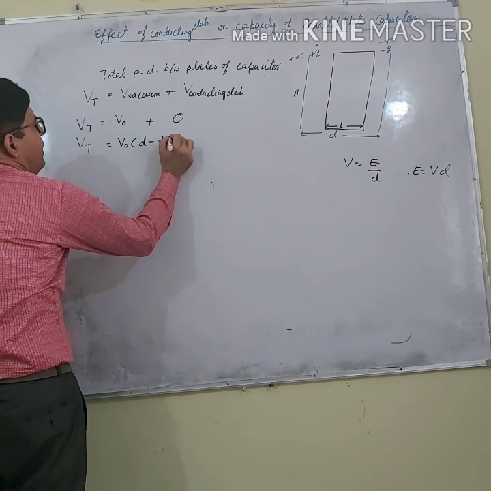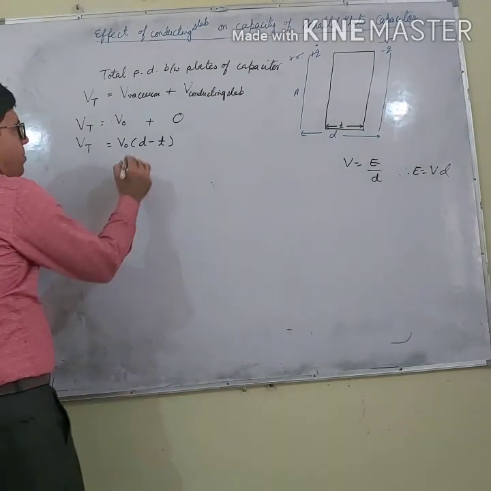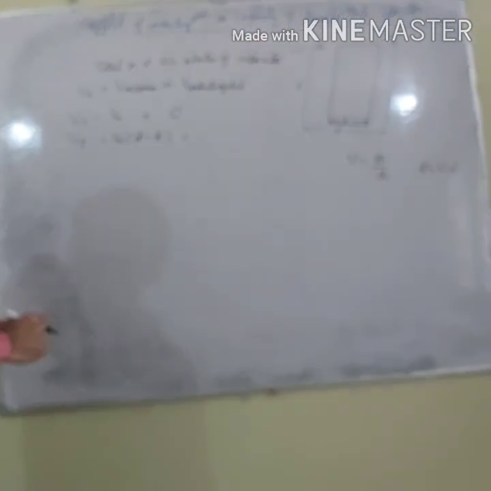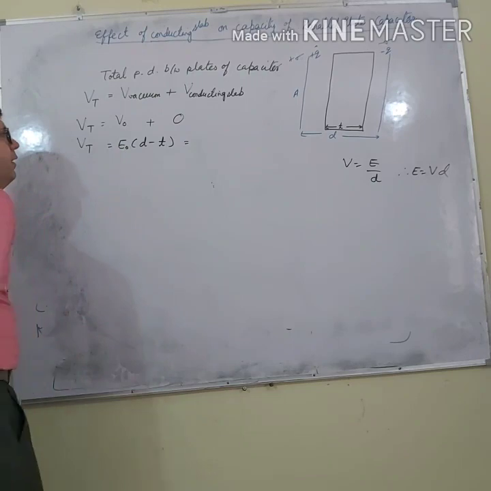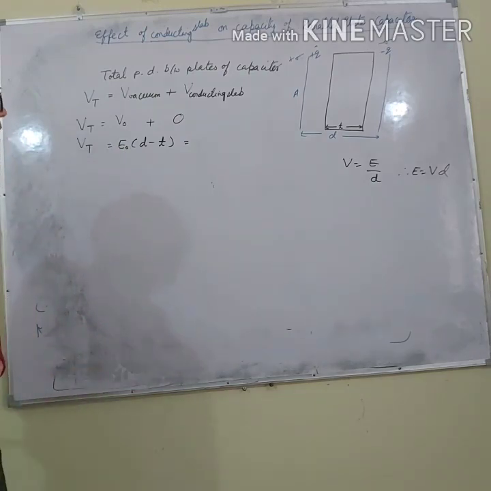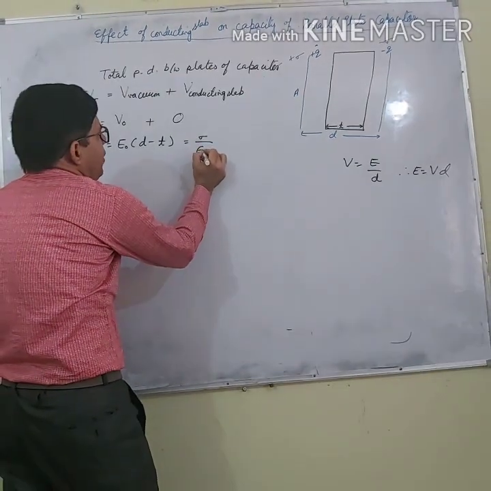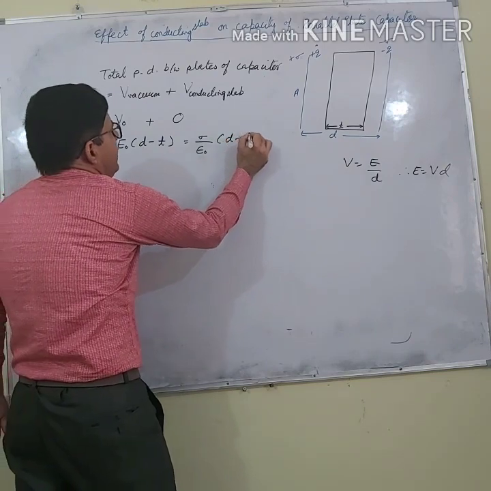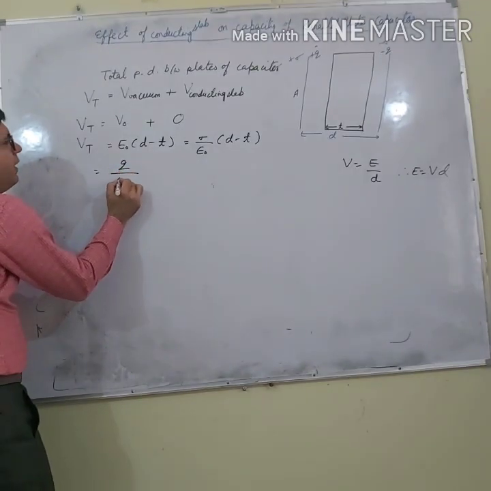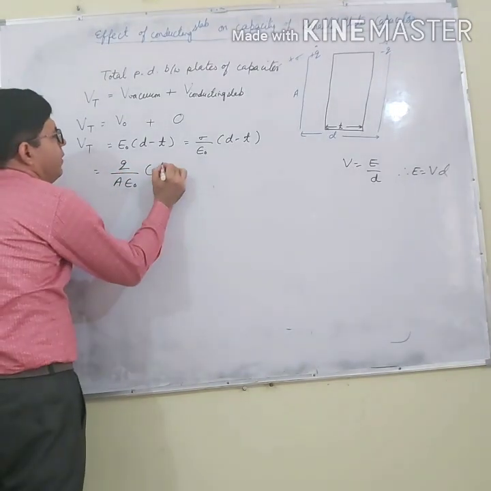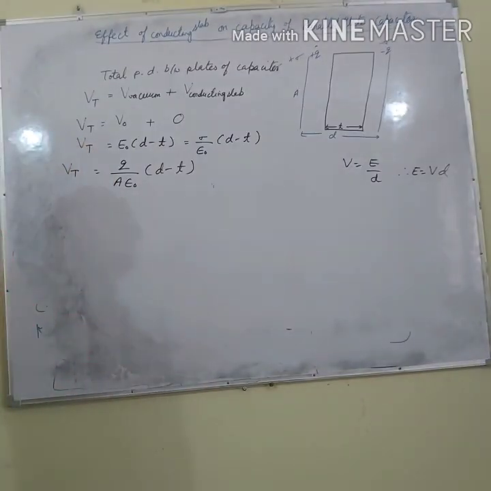And E naught, sorry, it should be E naught, not V naught. What is E naught? All of us know, sigma by epsilon naught, multiplied by D minus T. And sigma equals charge by A, so Vt equals Q times D minus T by A epsilon naught.